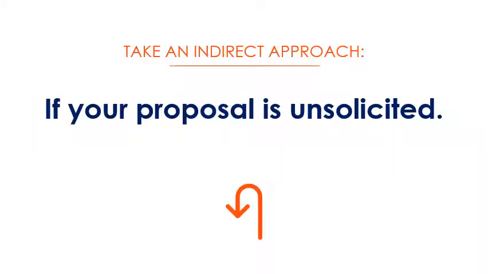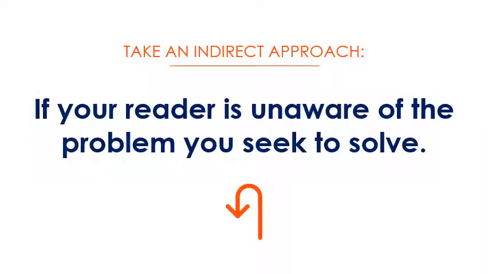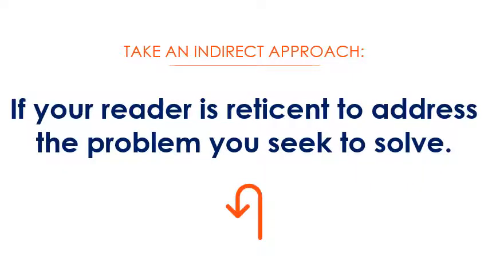You should take an indirect approach if your proposal is unsolicited, if your reader is unaware of the problem you seek to solve, or if your reader is reticent to address the problem that you seek to solve.